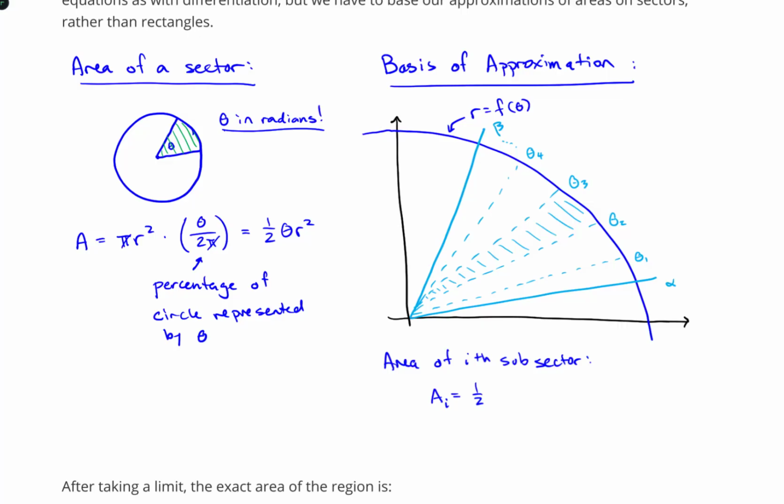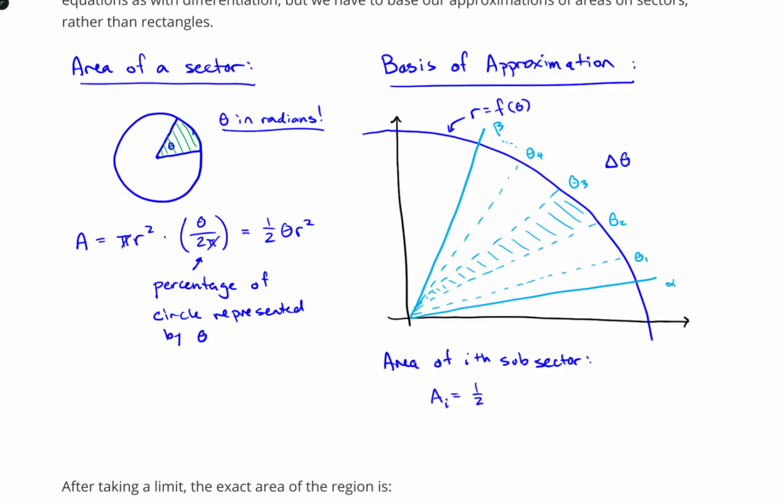So I've got theta 2 and theta 3, so which one would I use here? Well, what I'm going to use instead is something more like delta theta, the change in theta as we go from one subregion to the next, similar to how we use delta x back in rectangular coordinates.